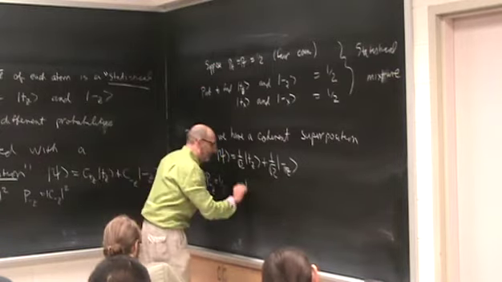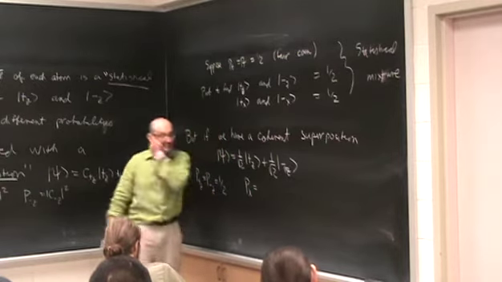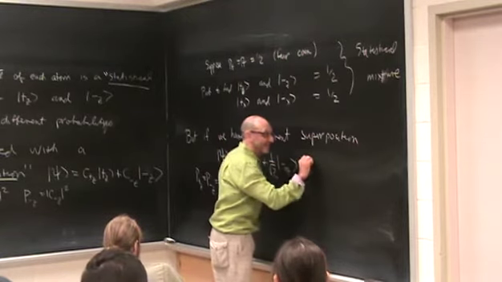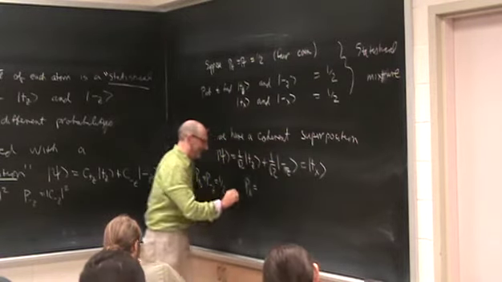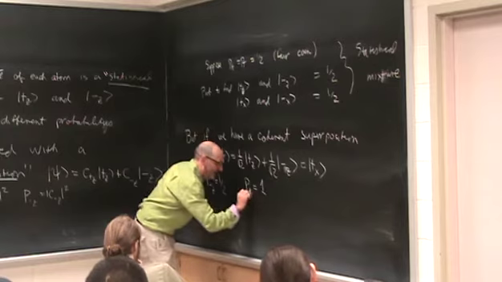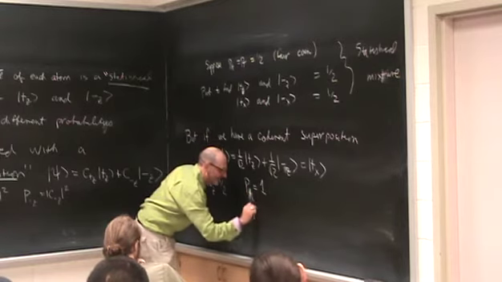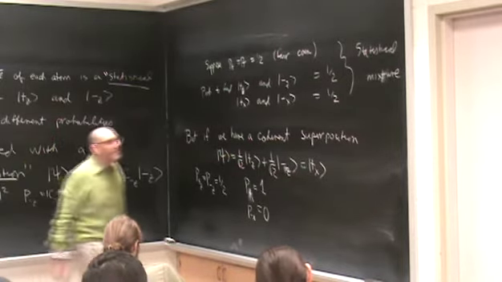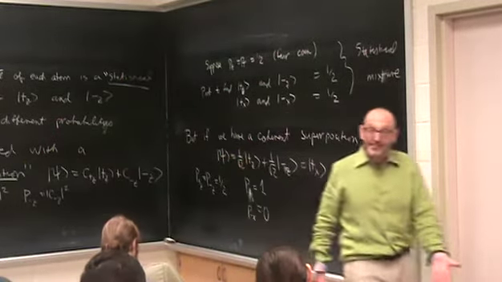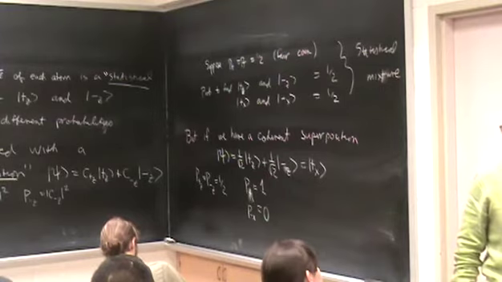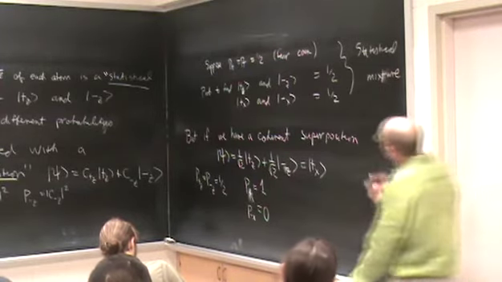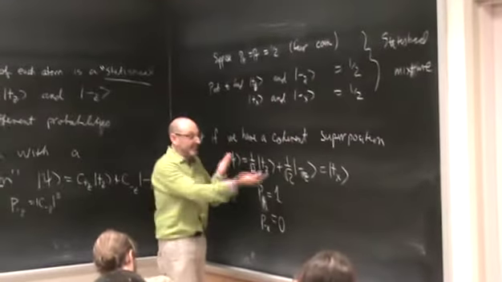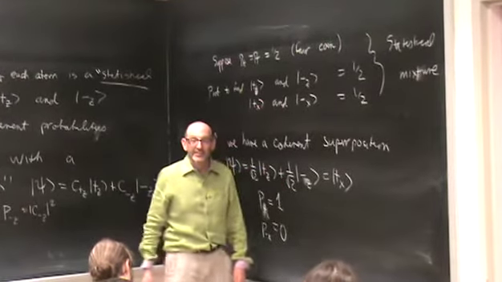But the probability to find up along x is what? 1 or 0? 1. This guy is up along x. And the probability to find down along x is 0. Now how the heck does that happen? It happens because of interference. Even though this is a 50-50 chance of up along z, it's not a statistical mixture of these two.